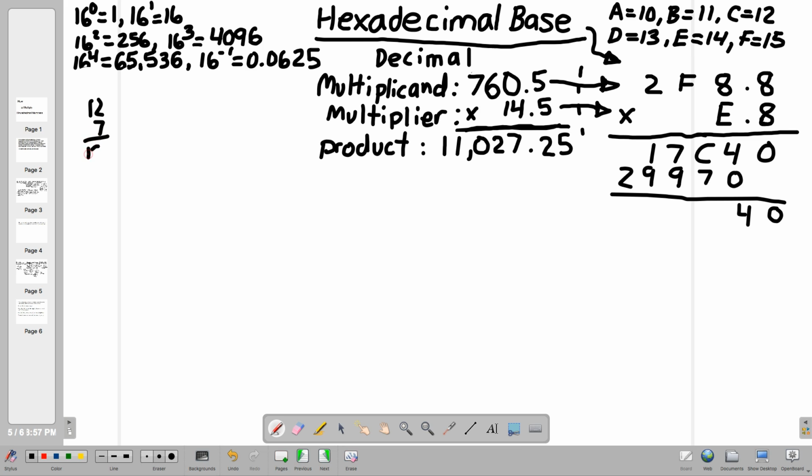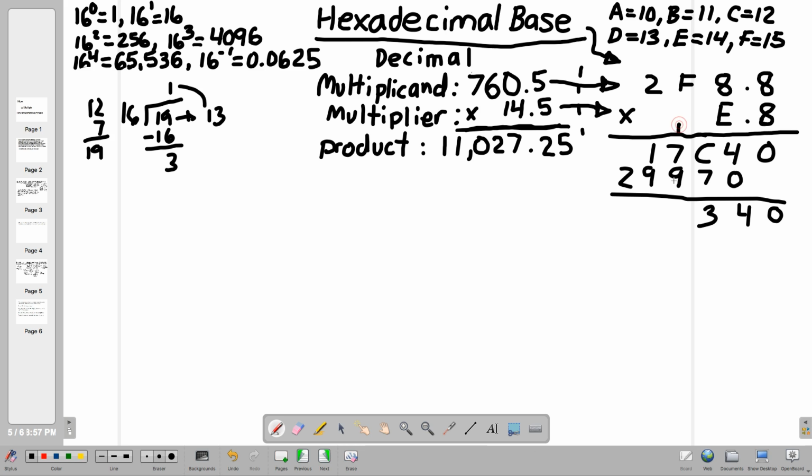But you have to convert that to hexadecimal. And 16 goes into 19 one time. 1 times 16 is 16. And when we subtract 16 from 19, we get the value 3. So that's saying that the decimal value 19 is represented in hexadecimal as 13. So 3 goes here, and a 1 is carried.